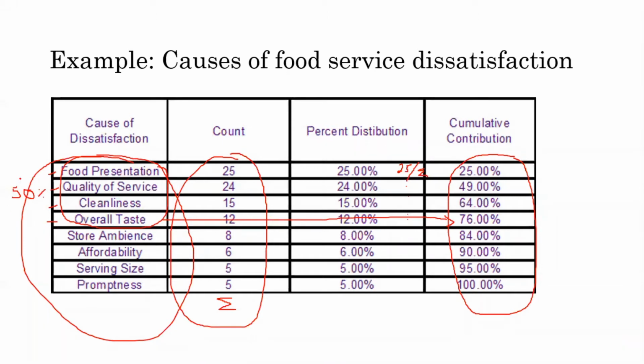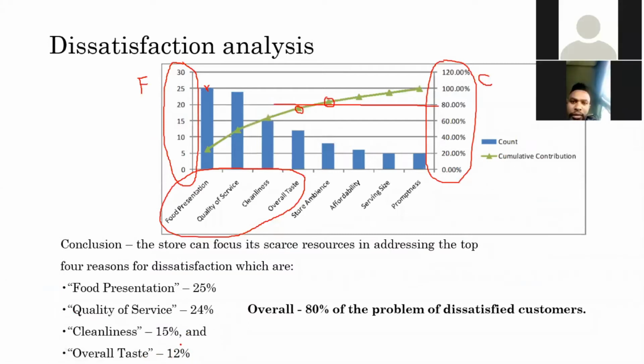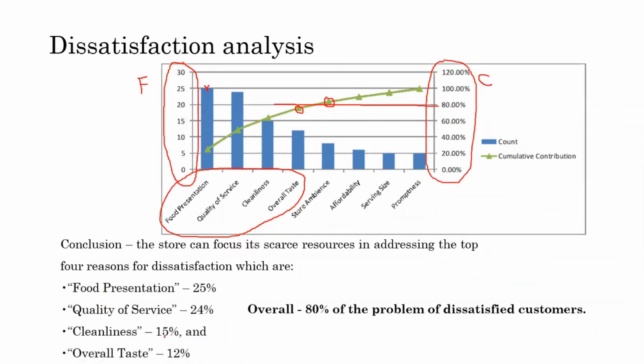By focusing on 50% of the causes, you'd be addressing 76% of the effect. So, food preparation at 20%, quality of service at 24%, cleanliness at 50%, and overall taste at 12% could be eliminated if you just focus on these. So, the overall effect would be 76%.